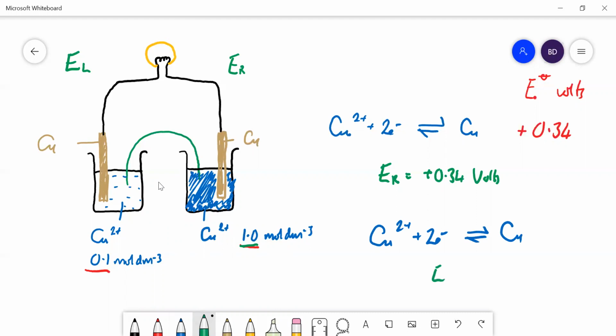Now, the copper concentration is a lot lower than 1 mole per decimeter cubed. So Le Chatelier tells us that this equilibrium is going to be pushed to the left to try and increase the copper 2+ concentration. That means it is better at giving away electrons.